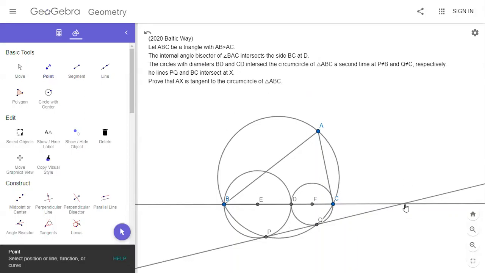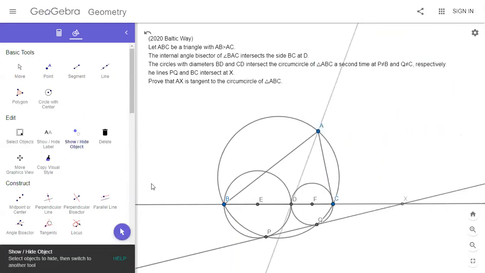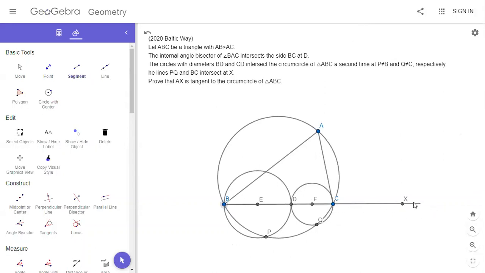They intersect at X, and we want to show that AX is tangent to the circumcircle of ABC. It's a pretty cool problem. So obviously that would mean XA squared is equal to XC times XB, which is equal to XQ times XP.